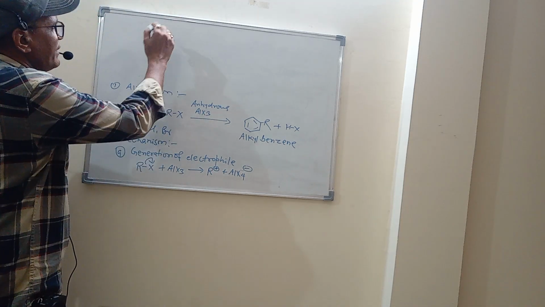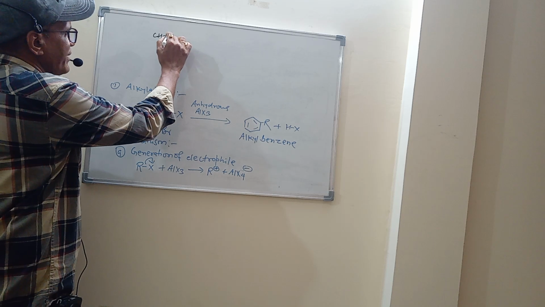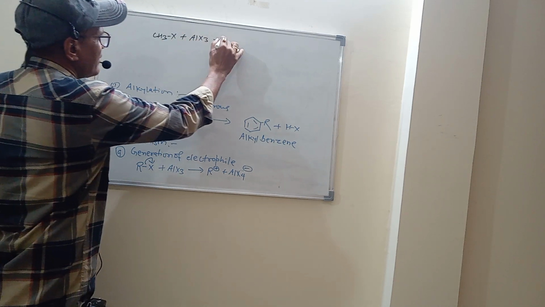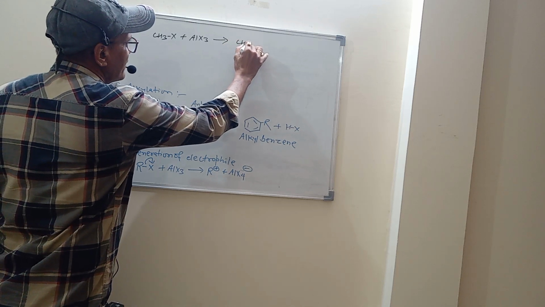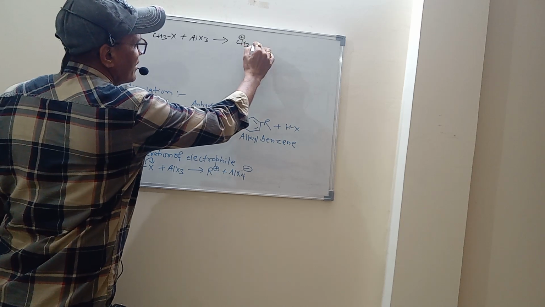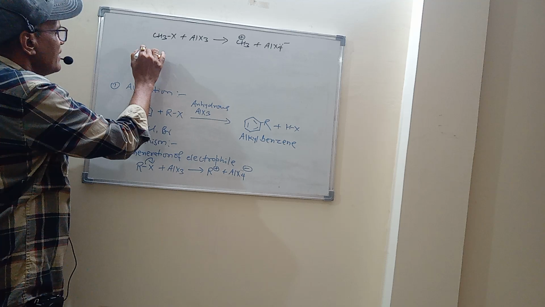Suppose R is methyl, and say it is chlorine or X, AlX3. So we get here methyl, methylium ion, methyl carbocation, electrophile, and AlX4 minus.